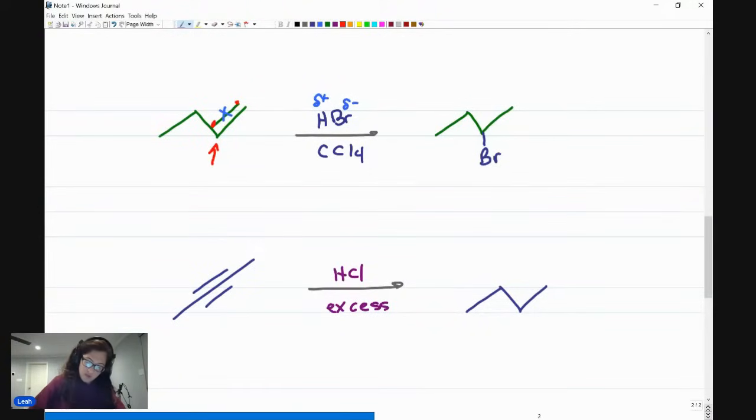And then the shortcut, because I know it's adding in excess: I break the first pi bond and I put an H and a Cl. I break the second pi bond, that H follows the H and the Cl follows the Cl. And so I get a geminal dihalide, a dihalide where both halogens are on the same carbon. And technically, you don't even have to draw the hydrogens. So you would show it just like this.